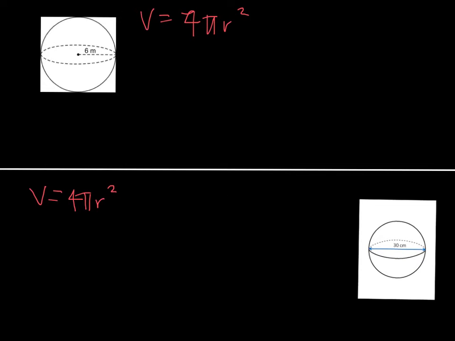Okay, so let's find the surface area of these two spheres. Formula is 4 pi r squared. So let's put the values in. The radius here is given.